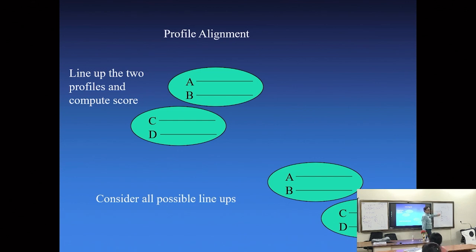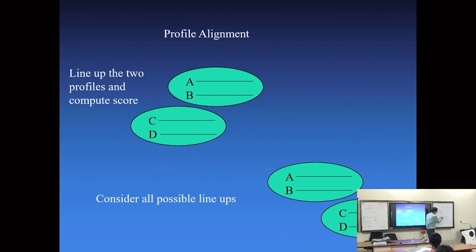When you score this column, you have to consider all possible pairs of the residues that are aligned in this column, right? This residue aligned with this, what is the score for this? This residue aligned with this, the score for this, and you have to sum them up. But the scores for this aligned to this has also already been taken into account when the multiple alignment for this was obtained, right?